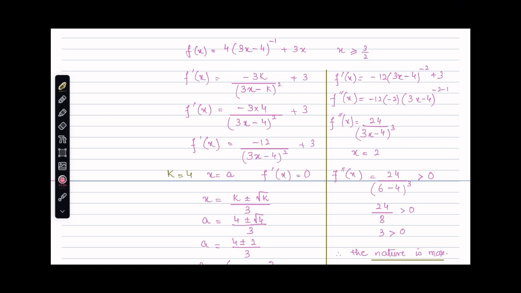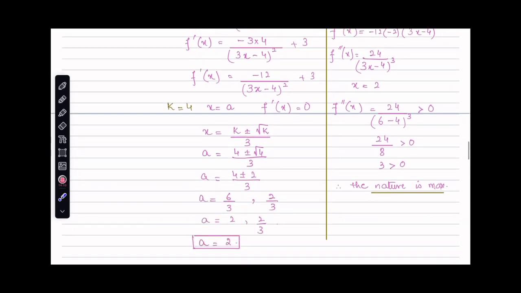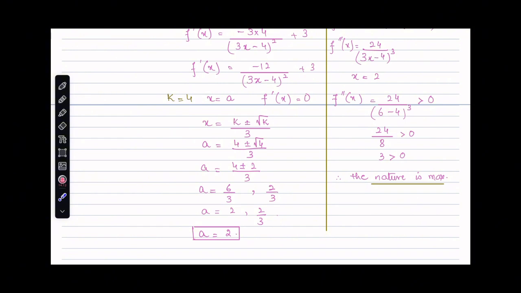So I have substituted x as a, k as a 4, and then a shall be equal to 4 plus minus square root of 4 divided by 3, or I can say a is equal to 4 plus minus 2 divided by 3. 4 plus 2 is a 6 divided by 3 and 4 minus 2 is a 2 by 3. So a then shall be equal to 2 and 2 by 3 here.